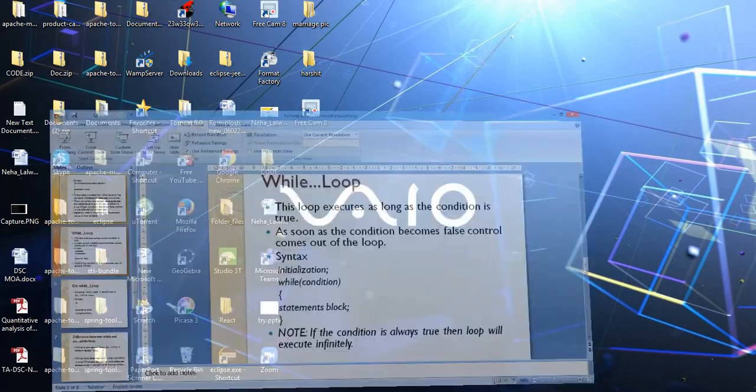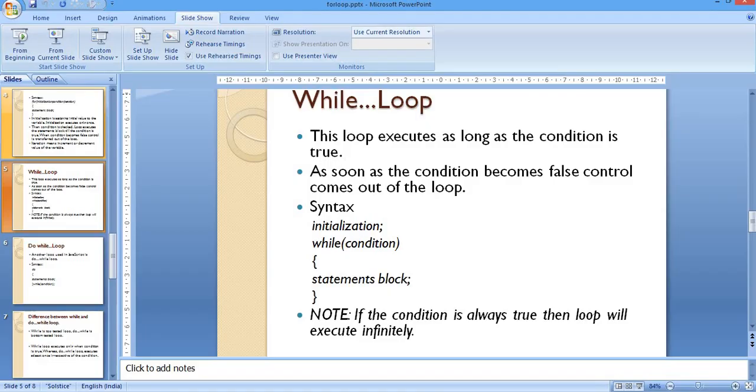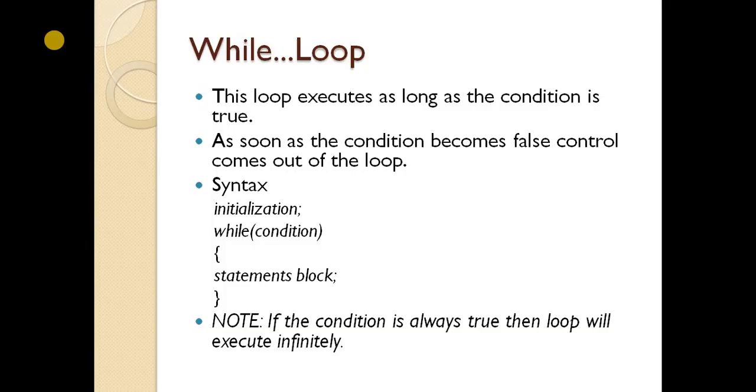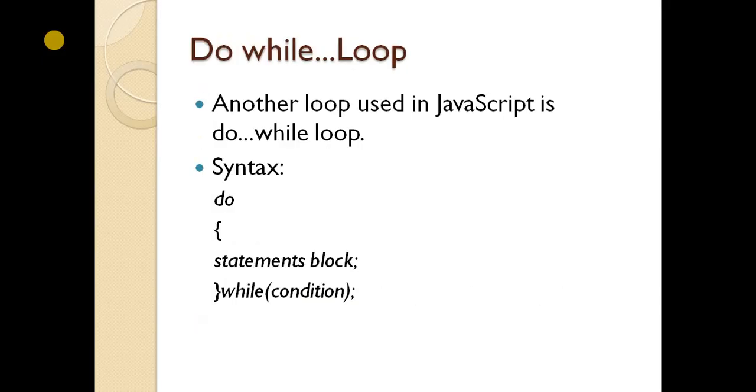Now coming back to this part, after the while loop, the next loop that we have is the do while loop. We are not going to do any programs related to do while loop. We will just see the syntax and the difference between while and do while. So another loop which is used in JavaScript is the do while loop.